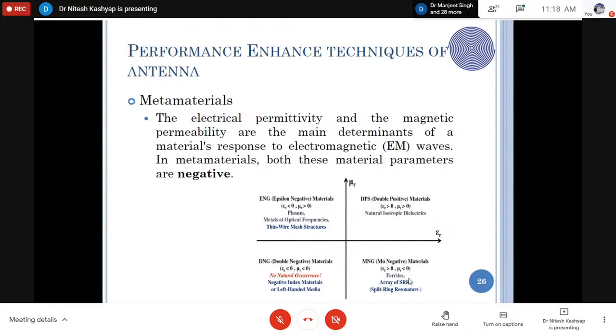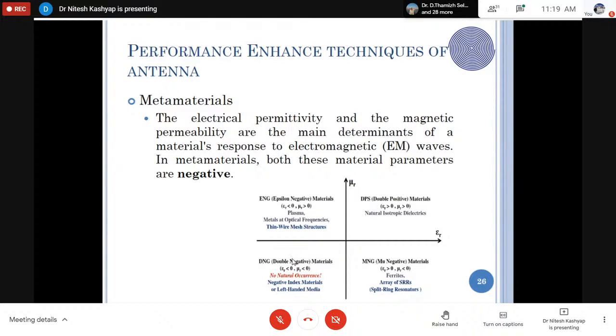And in the fourth quadrant we have mu negative material, and we can say these are ferrites. We can make artificial ferrites with the help of SRR, the split ring resonator.